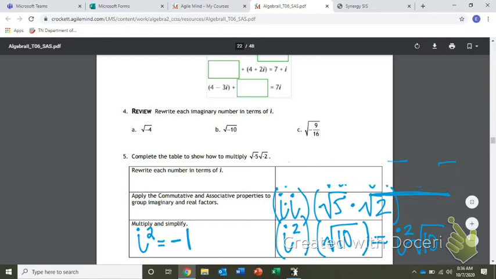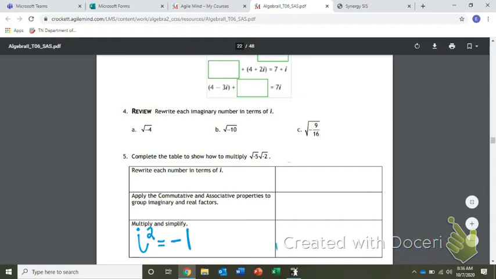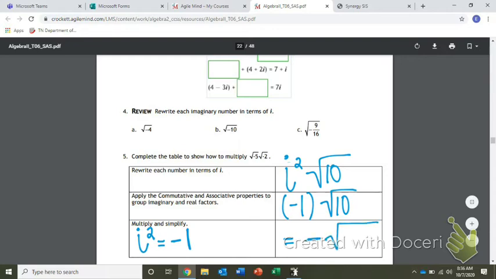Let me erase this. So right here where we have i squared and the square root of 10, what number am I going to plug in for that i squared? Negative 1. So negative 1 times the square root of 10 just means negative square root of 10. Okay?